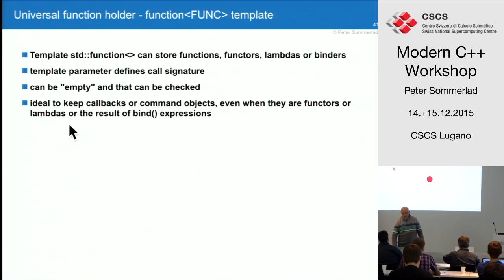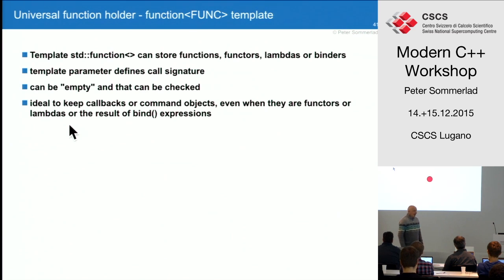So std function is actually a template class, and it takes the call signature, how you want to call that function, as its template argument. So it's not only giving a type, it's giving a function type, with a return type and parentheses that list the parameter types.